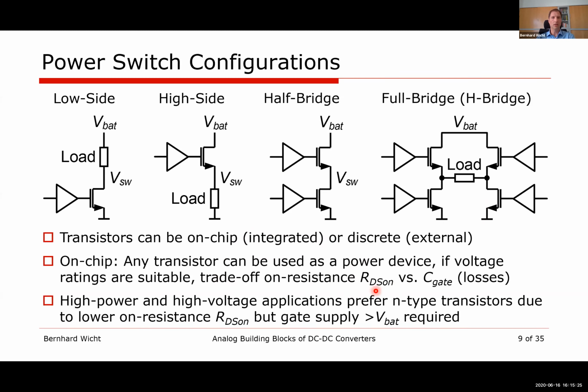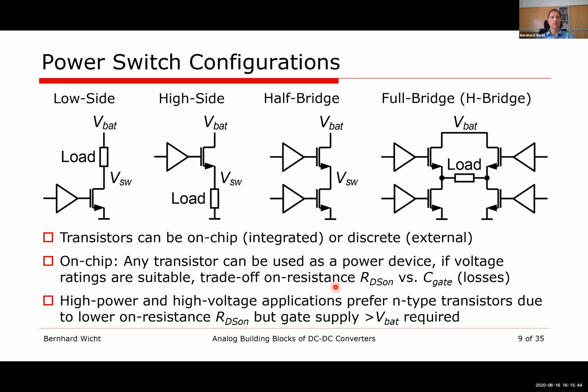So they get really large, and with that we get large gate capacitance. So especially for fast switching DC-DC converters, we get losses, and so it's always good to find a good optimum between too many losses and too high on resistance.